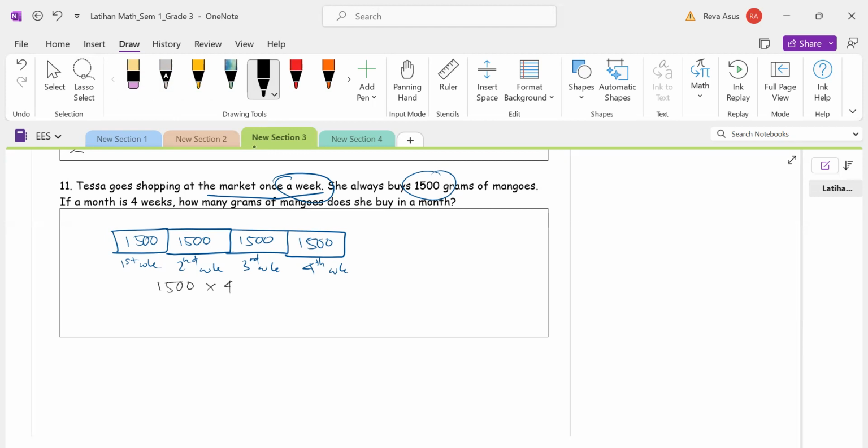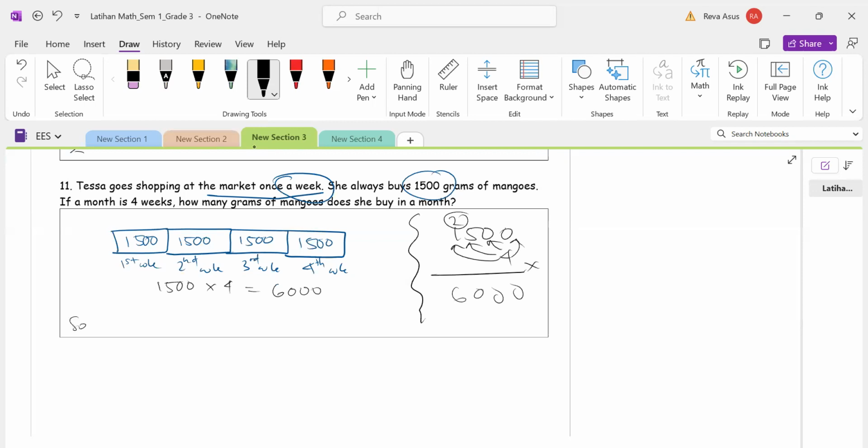Remember the commutative property. We can do it here. 1,500 times 4. 4 times 0 is 0. 4 times 0 is 0. 4 times 5 is 20. Write 0, put 2 up, and then 4 times 1 is 4 plus 2 is 6. So 1,500 times 4 is 6,000.